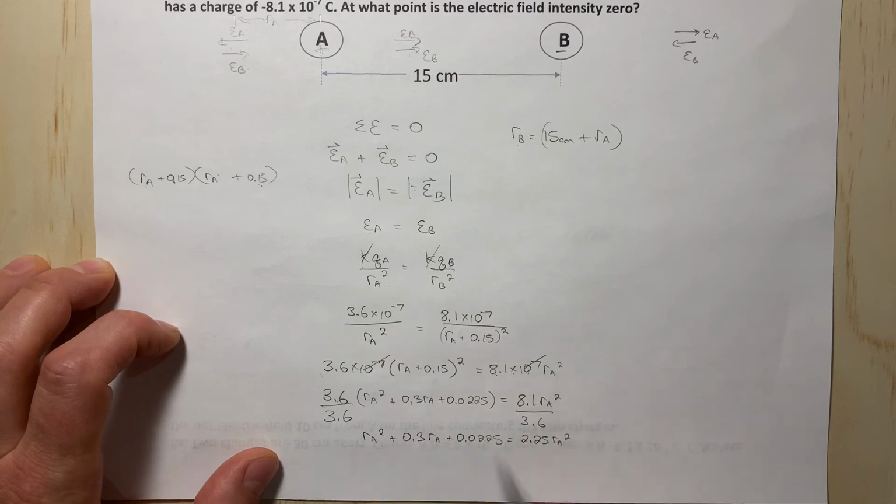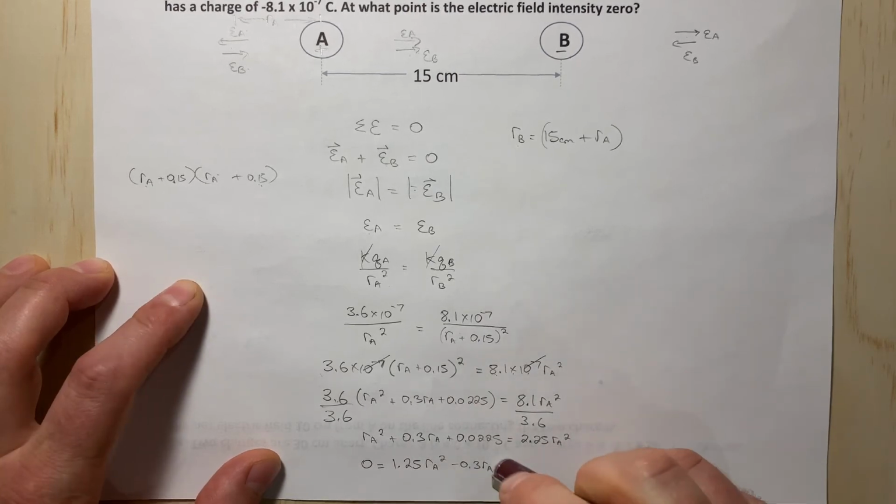Let's take everything over here. So I'm actually going to get 0 equals 1.25 RA squared minus 0.3 RA minus 0.0225.